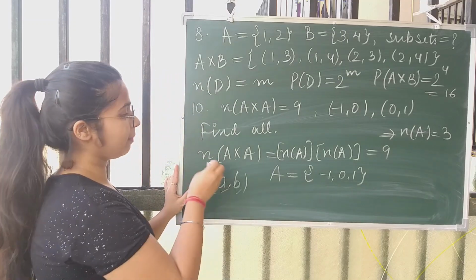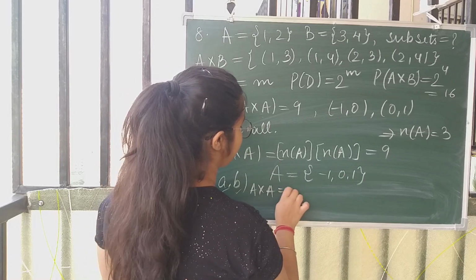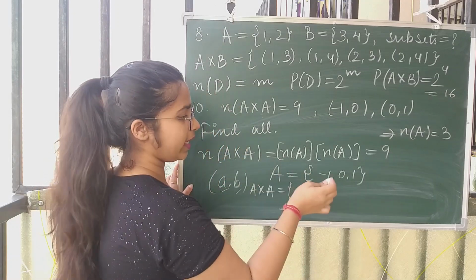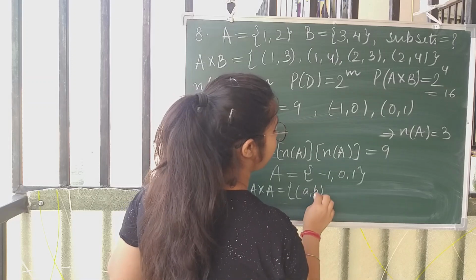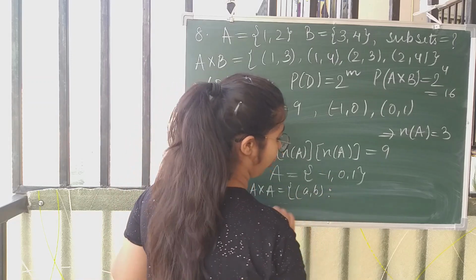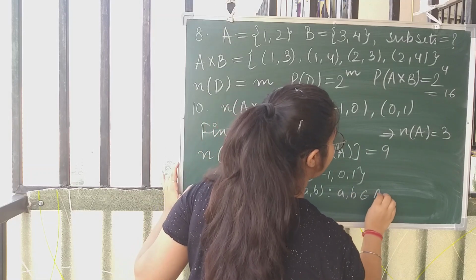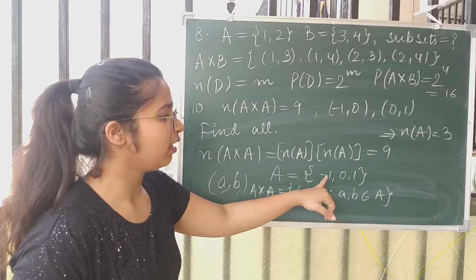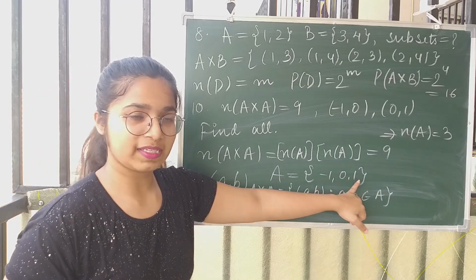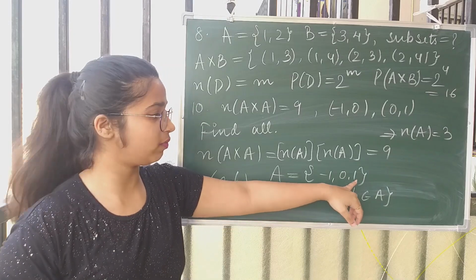Alright, and अगर हमें इसका Cartesian product लिखना हो, so A cross A can be written as, we'll take all the elements, so it will be of the form (a, b), the ordered pairs where a and b both belong to A. So इस तरीके से आप लिख सकते हो, and the elements would be -1 को पहले इन सब के साथ लेंगे, so that would be (-1, -1), (-1, 0) and (-1, 1).